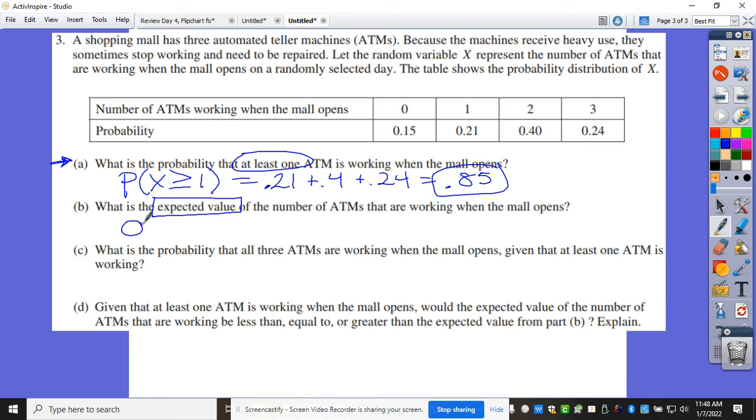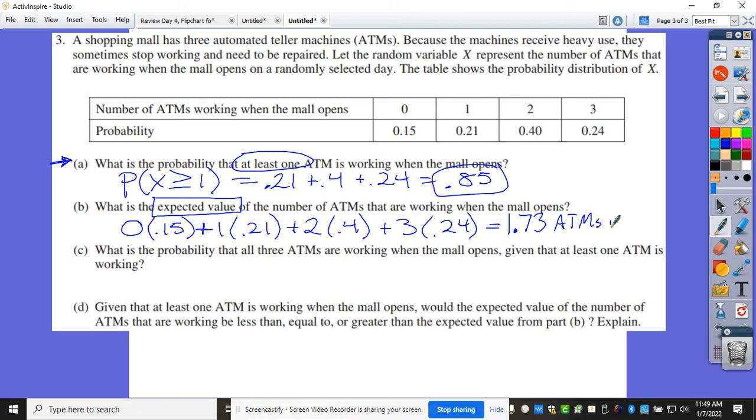So I would take 0 times... plus 1 times 0.21 plus 2 times 0.4 plus 3 times 0.24, and you end up getting what? 1.73, and what would my units be? ATMs would be fine.